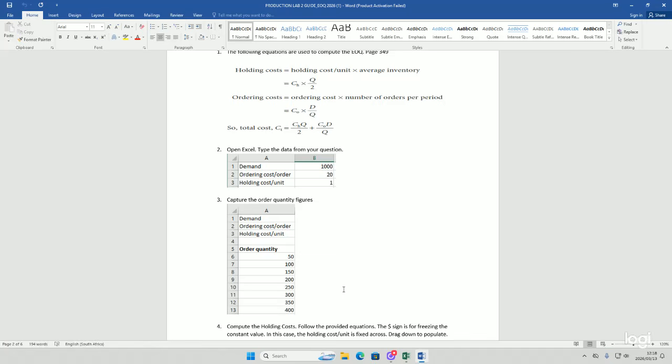Our main objective in this lab is to determine the EOQ point that minimizes the total cost. As I've shown you, we are going to illustrate with an arrow the EOQ point that will minimize the total cost.